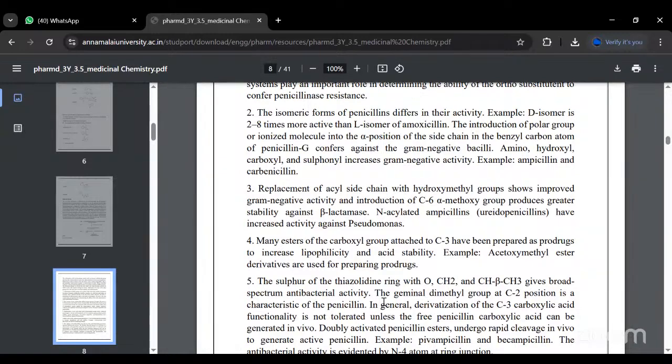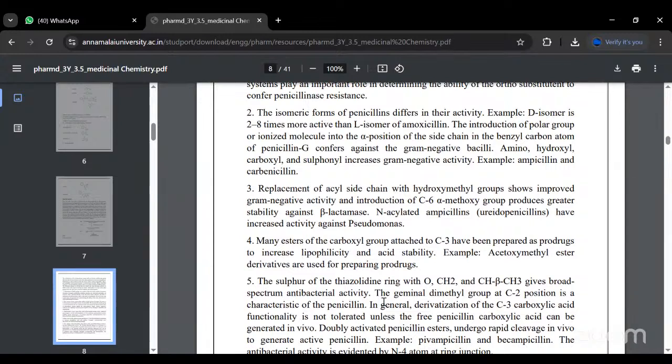Replacing the acyl side chain with a hydroxyl group shows improved gram-negative activity. A 6-alpha methoxy group produces greater stability to beta-lactamase. N-acylated ampicillin and ureidopenicillins have increased activity against Pseudomonas.